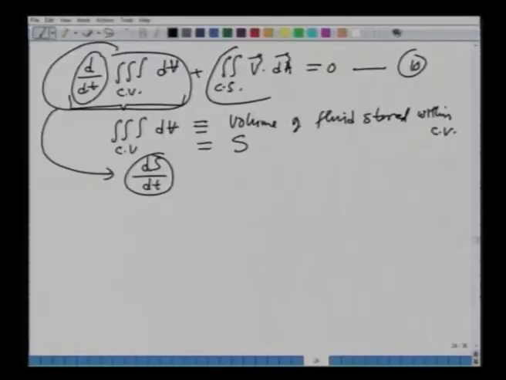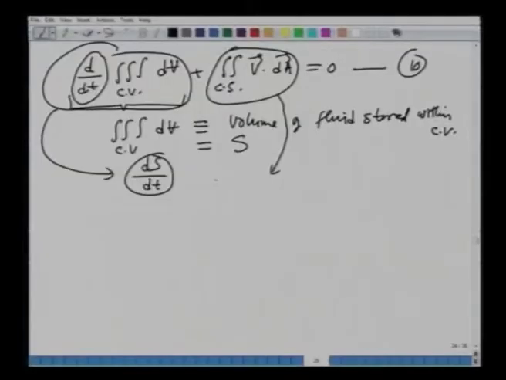Okay. Now, let us look at the second quantity. What does this represent physically? Physically, it represents the extensive property flowing across the control surface, and the extensive property is mass, all right, and because we have taken the rho out, we have the volumetric flux flowing across the control surface, all right.